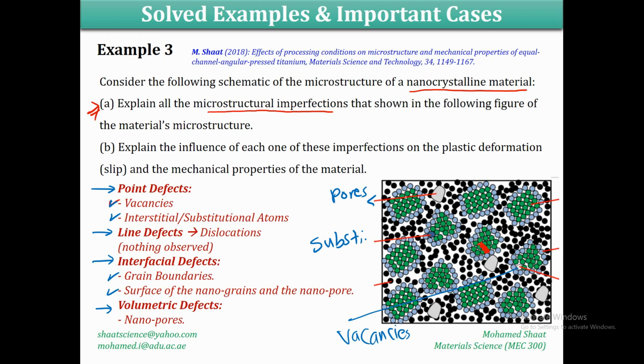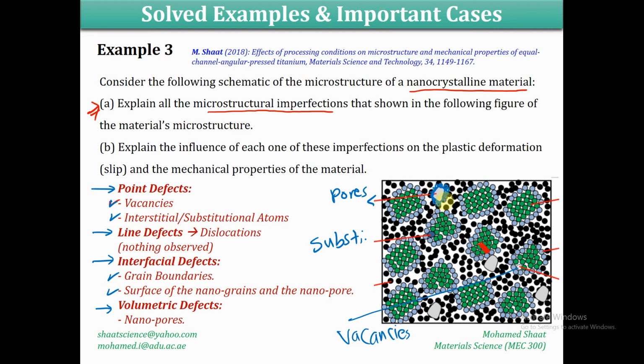And since we are talking about nanocrystalline material, mostly these pores will be formed because of the severe plastic deformation of the material, and these voids inside the material microstructure will be in the form of nanopores, nano voids. Since they are nano, the pore itself has a surface, because it should be surrounded with some atoms surrounding this void.